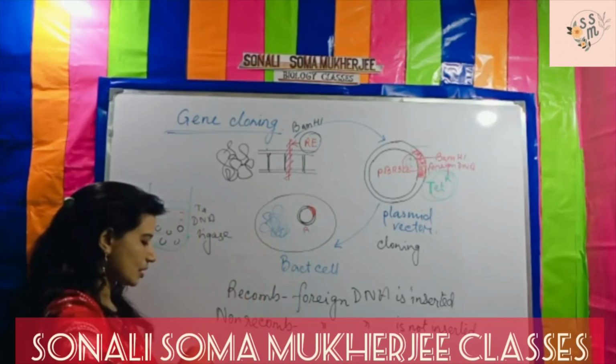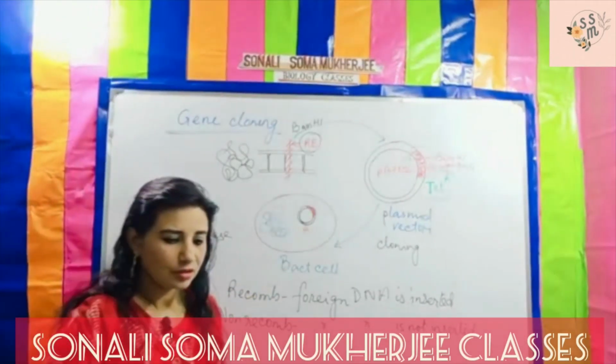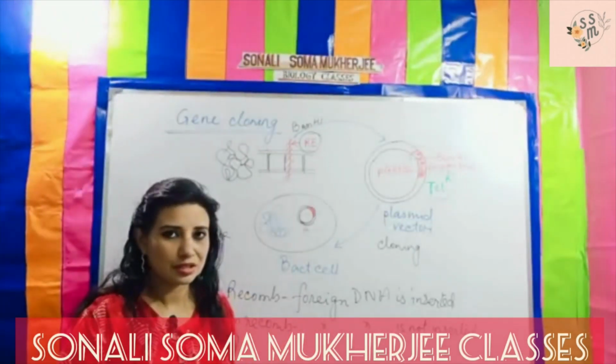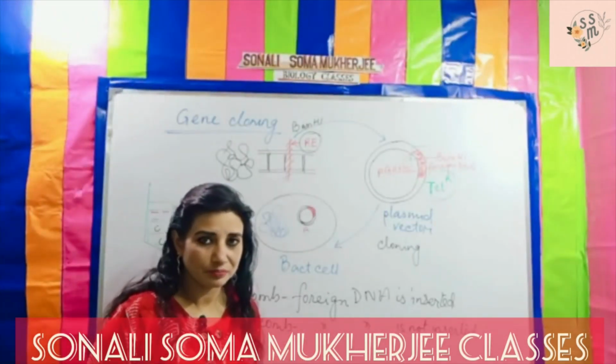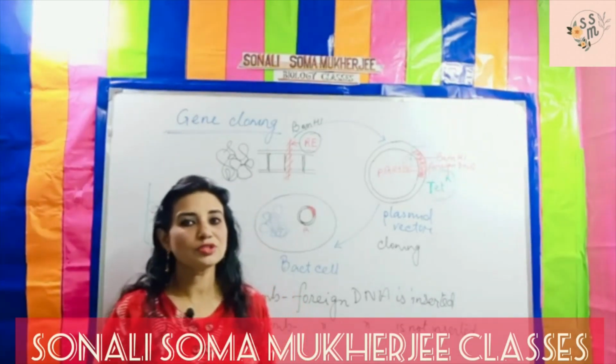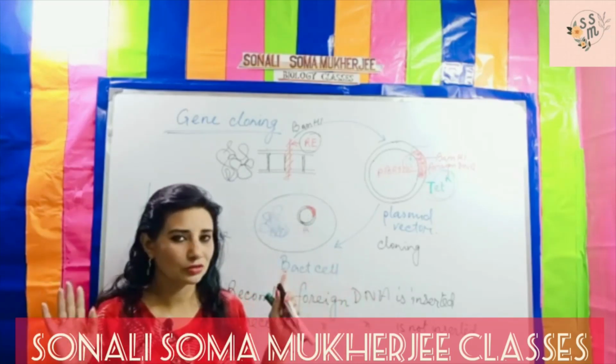Now in this case, one confusion may arise. There are many bacteria. Suppose these bacteria are all going to be placed into a culture media. Which bacteria has got that foreign gene and which bacteria doesn't carry it? That is a big confusion in front of us.